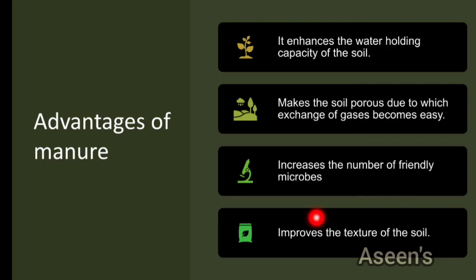Further, it improves the texture of the soil. What is this texture? If the soil is runny, then it's like sand. Just as sand grains fall off from your hand when you hold it in your fist, it's not fertile. If it's clay, obviously it will be rich in nutrients, but we don't want it to be too much clay.